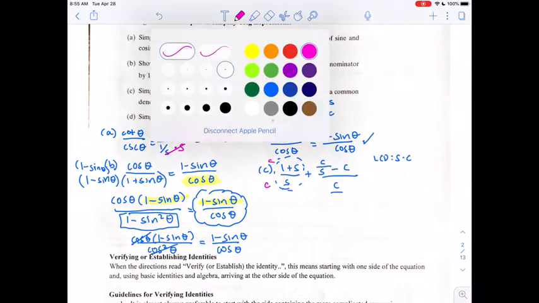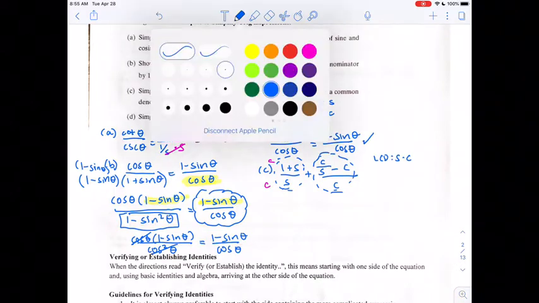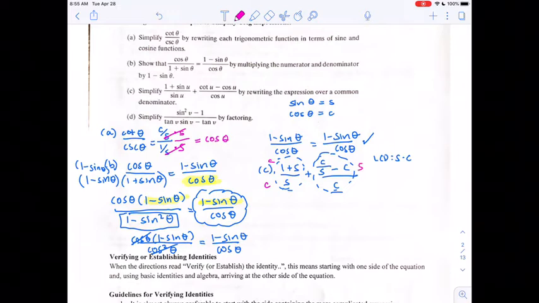The second fraction here is missing the s, so I'm going to multiply top and bottom by s, and that's going to give me sc on the bottom for both.